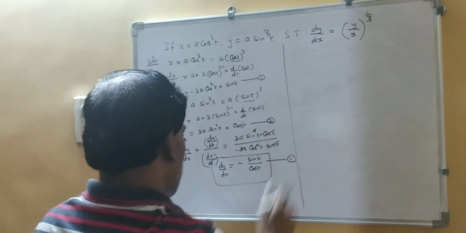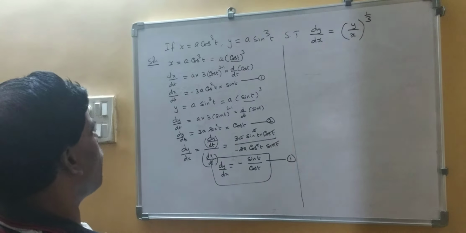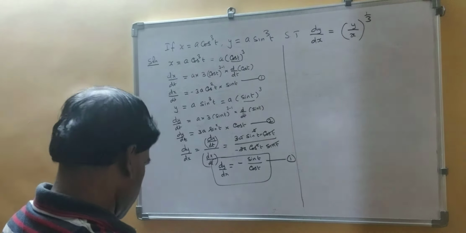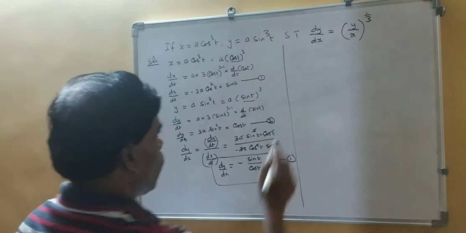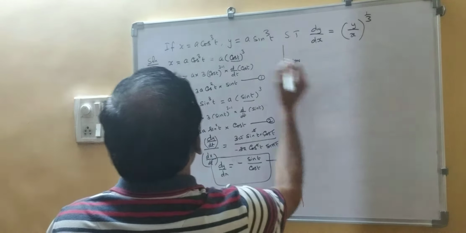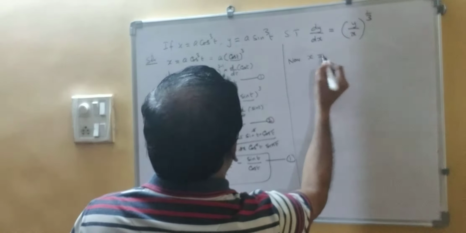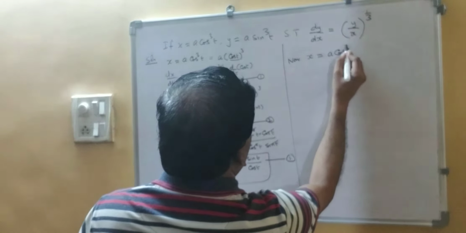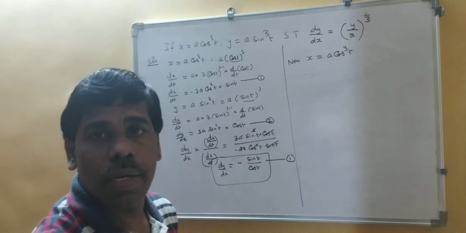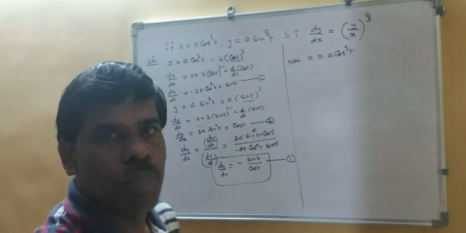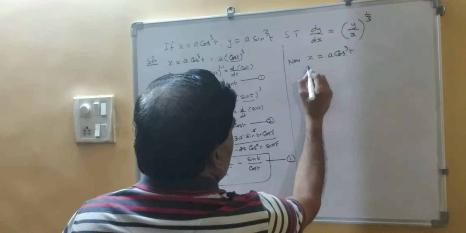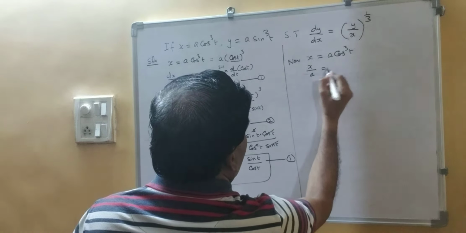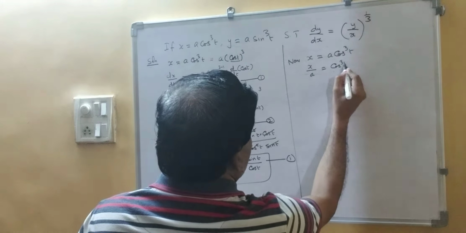Here you have got y upon x, so some adjustment we have to do. Now, what is x? x = a cos³t. Correct? It is given in the sum. Now, what we will do? This a we will take here: x/a = cos³t.